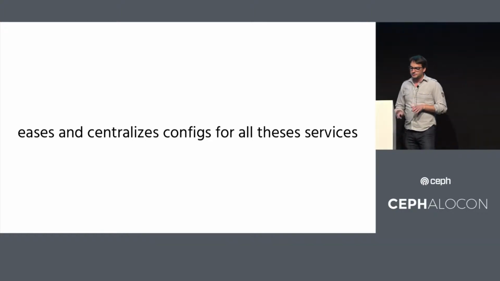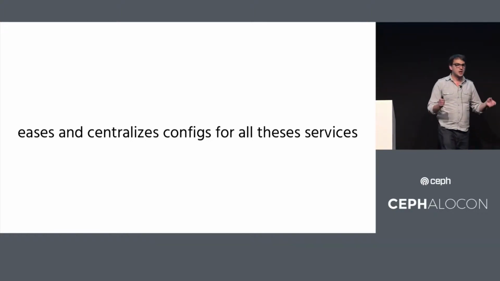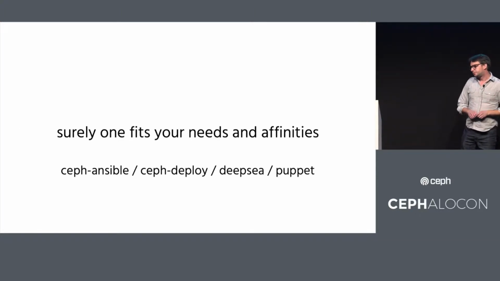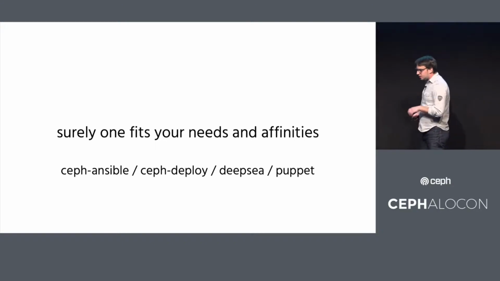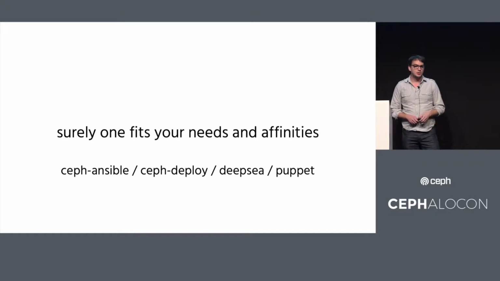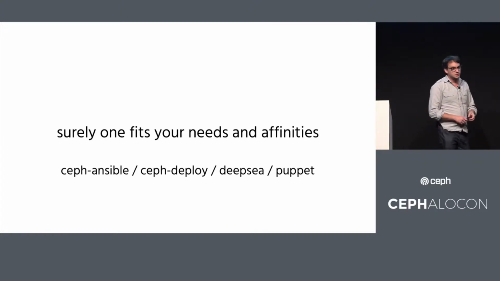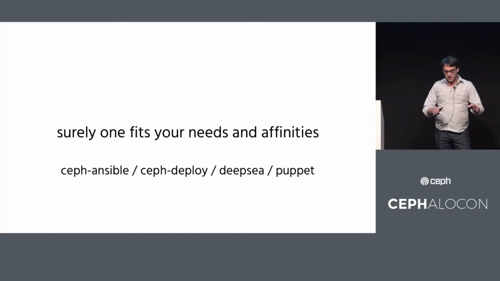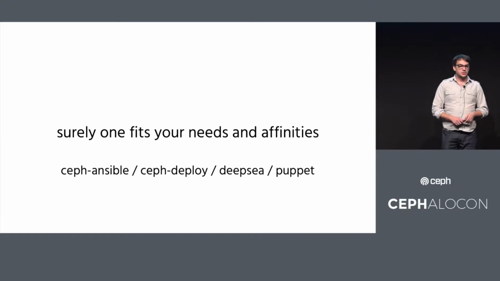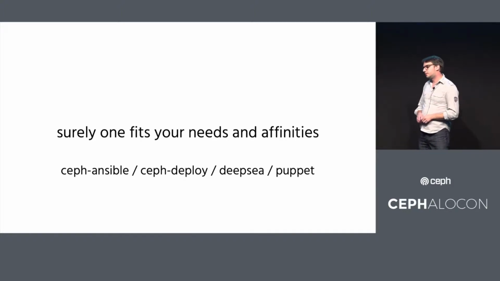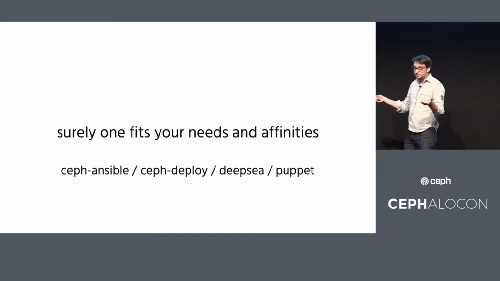So using a configuration management tool is the way to go, but where do we go from there? There are many of them, and they can fit your needs or your affinities. And again, if you're already using a configuration management tool for your infrastructure, try the modules that exist for it to deploy Ceph, or try another solution.